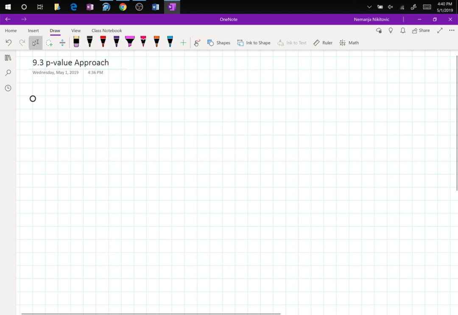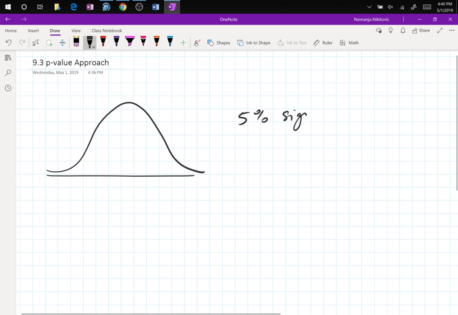This is copied from the previous lecture on calculations, and now we're going to take a look at the situation. Let's say that you have a 5% significance level.